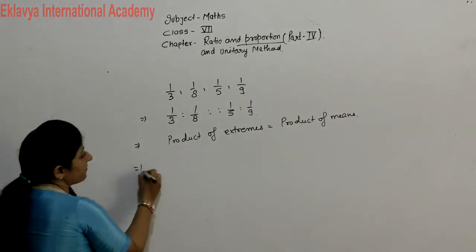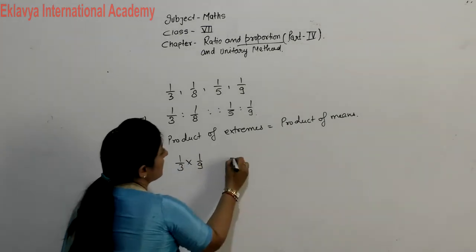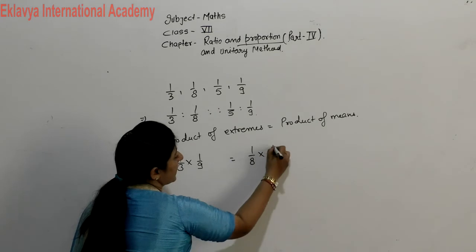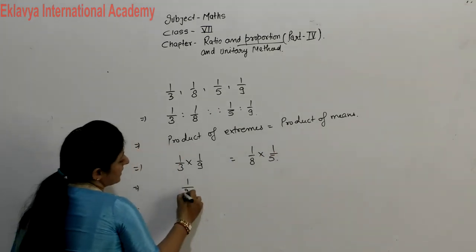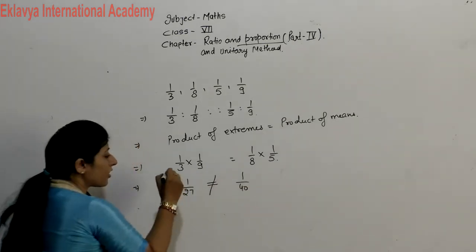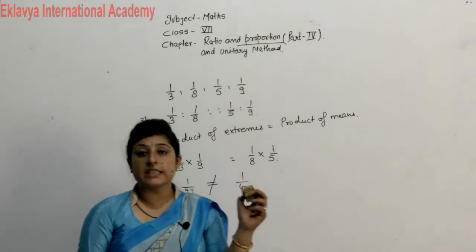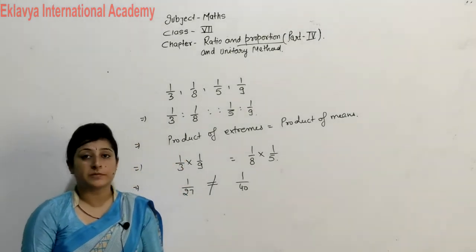Product of extremes 1 by 3 multiplied by 1 by 9 should be equal to 1 by 8 into 1 by 5. When you solve it, this is 1 by 27, this is 1 by 40, these are not equal. It means these given terms are not in proportion.